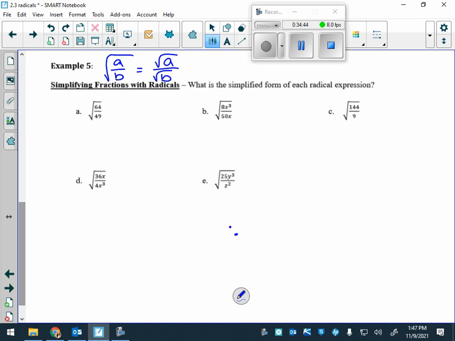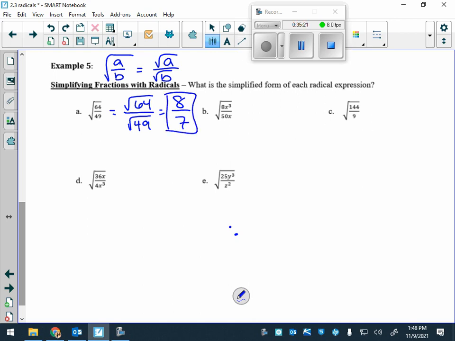Anytime you're given a fraction within a radical, you want to see if you could simplify first. Look for greatest common factor, see if you could simplify the fraction as you would even without the radical. So 64 over 49, there's no common factor that goes into both, right? So we would have to split it up, square root of 64 over the square root of 49. What is the square root of 64? 8. What is the square root of 49?